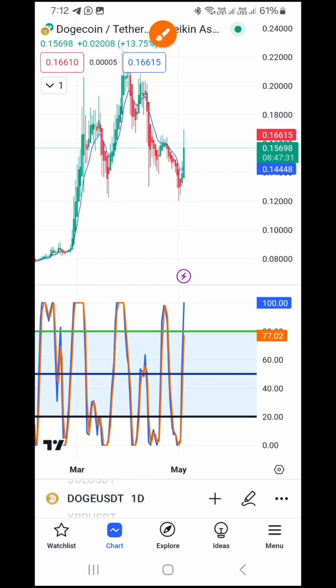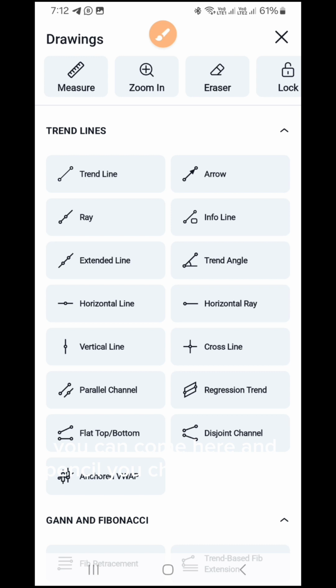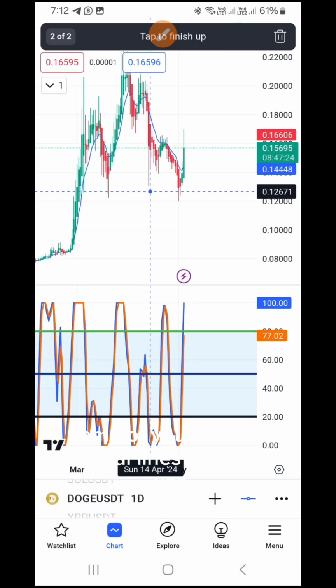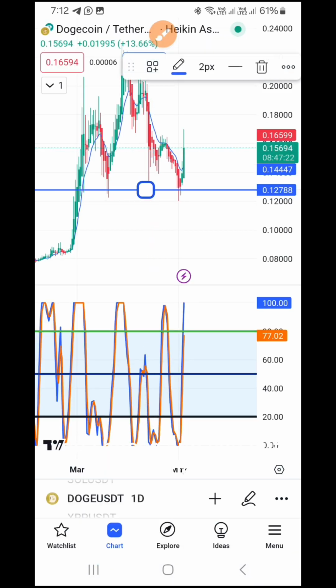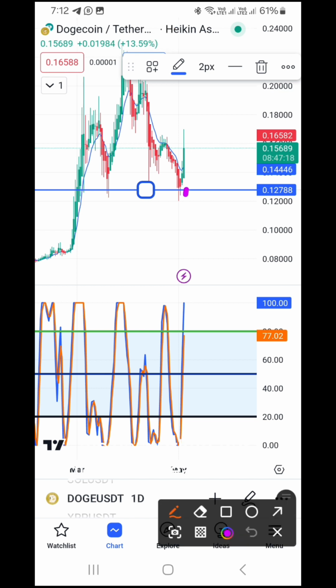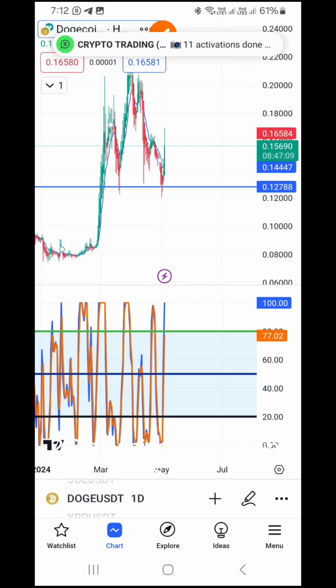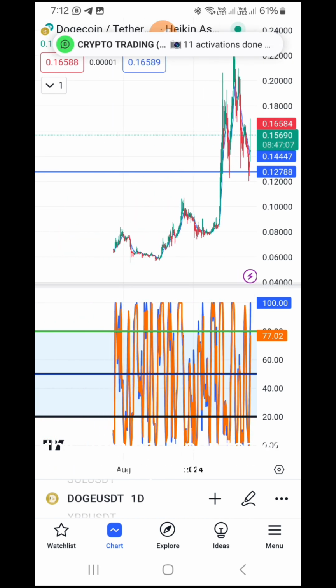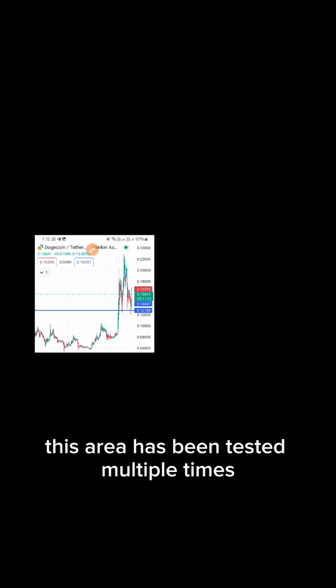Okay, so you can come here on pencil, you choose an icon. Some of you choose horizontal lines, like how we use. You choose and you put a line there. We've marked our resistance area. So there are 3: 1, 2, 3. Meaning, if I zoom in on this coin, you will see that this area has been tested multiple times in another area.